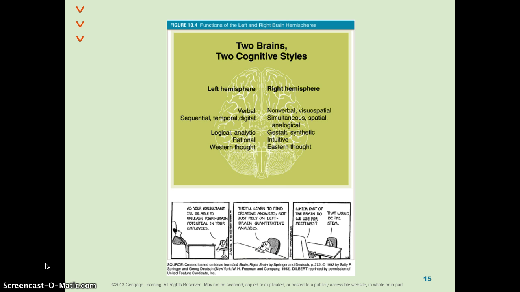Many of us think of ourselves as either right brain or left brain. When we look at our cognitive styles, those that have the left brain indicate more of that Western logical, right side, more Eastern intuitive.